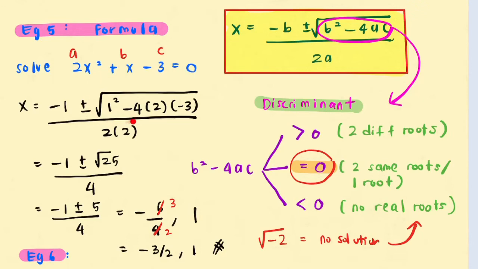So for this question, if you check the discriminant, you'll get discriminant more than 0. And lastly, when it is less than 0, no real root, meaning that you'll not be able to find the real root. However, later on you will get to know that you'll have complex root here.